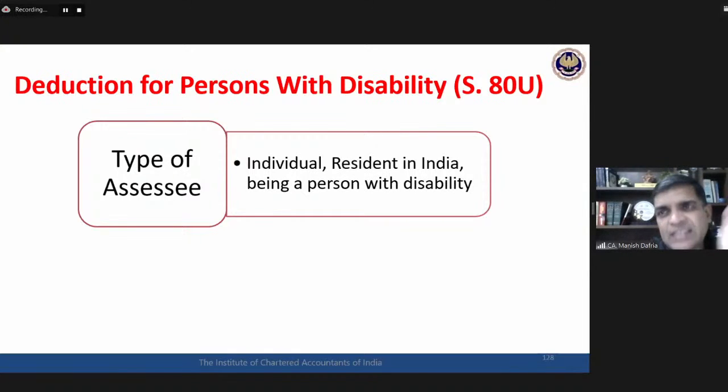So this section, individual. This section, individual resident in India. This section, individual or HUF. This section, all assessees. There are different varieties of sections in this whole chapter. Unless you make some deliberate attempt to get clarity on this, confusion is bound to come.